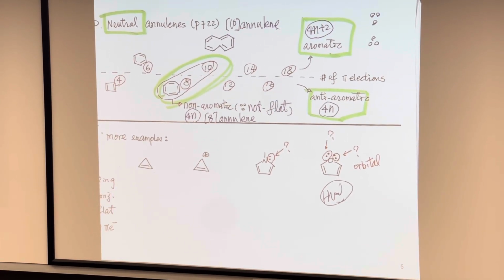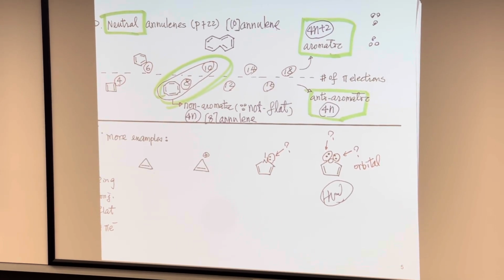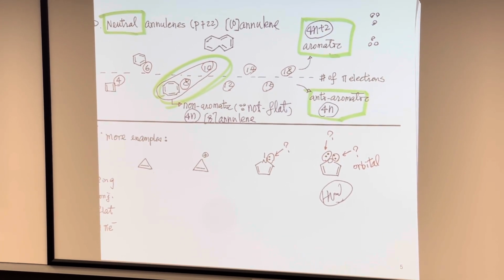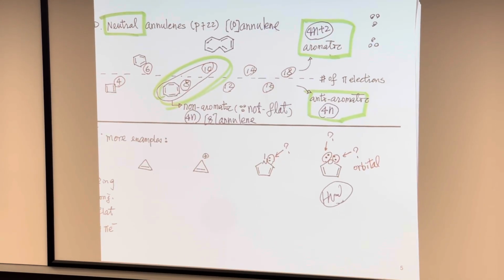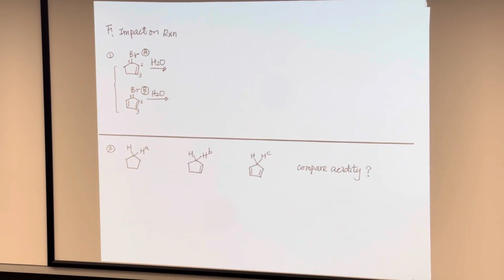So in the homework, I'll give you a structure. Based on the structure, you have to be able to tell whether this molecule is aromatic, anti-aromatic or non-aromatic. How many pi electrons does this molecule have? If I do have a lone pair, where is that lone pair? Which orbital supports that lone pair? You have to be able to answer. Okay? So for homework, I will post the key to you guys.